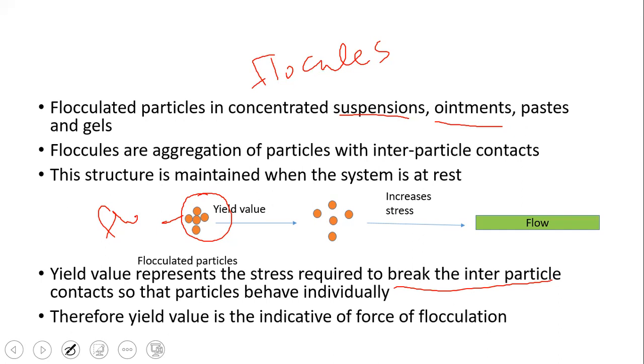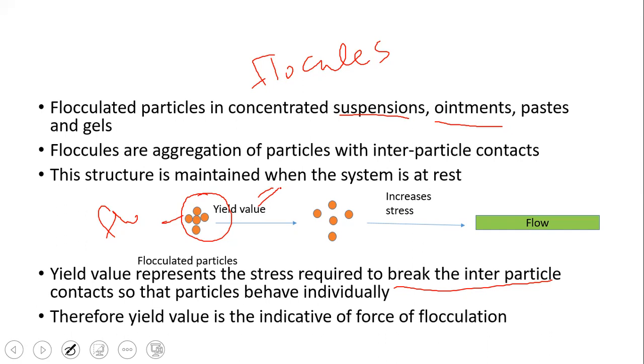In the case of flocculated suspension, we formulate suspensions with floccules for better stability. When it is kept at rest, they will be aggregated particles. When we shake it, the force, when it reaches the yield value, breaks the interparticle contacts.